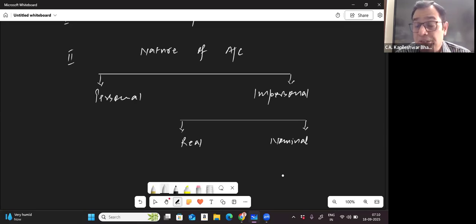For example, your machines, patents, copyrights, furniture, and buildings are all real accounts. All assets, whether tangible or intangible, become real accounts. And nominal accounts are the easiest: all the incomes and all the expenses are nominal accounts.